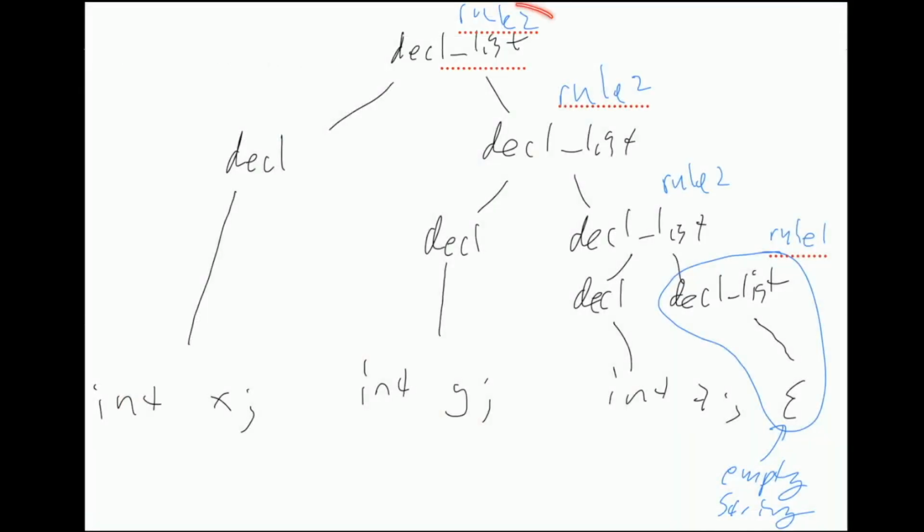As I tried to record here, some of the applications of declaration list will be one of the rules. In this derivation of how we found the parse tree for this input, when there was not an empty string, we knew that rule 2 would have to apply, and when there are no other declarations, rule 1 applies when it's an empty string.